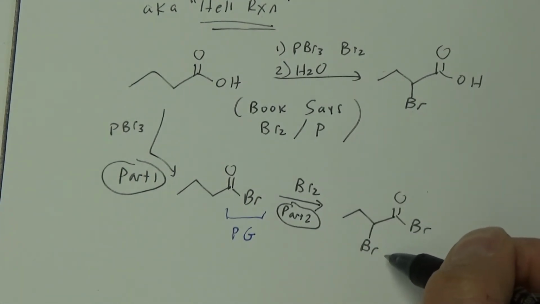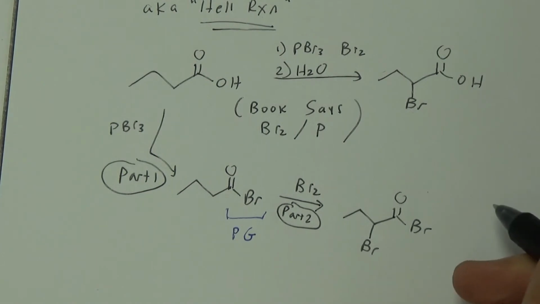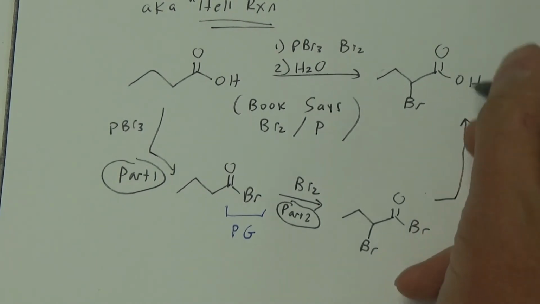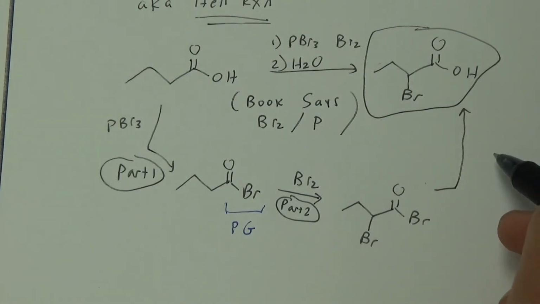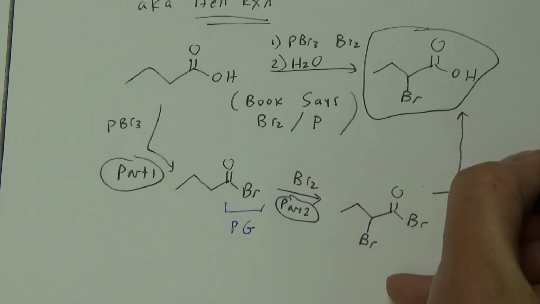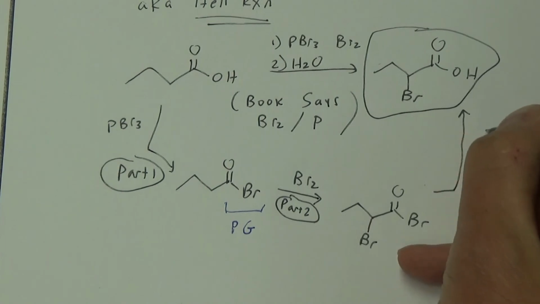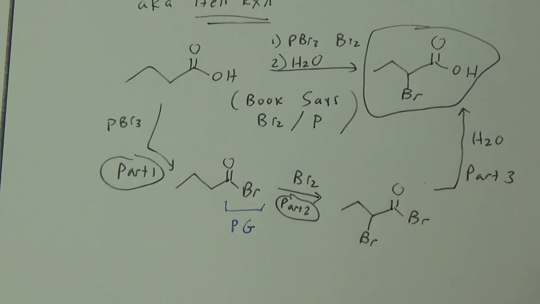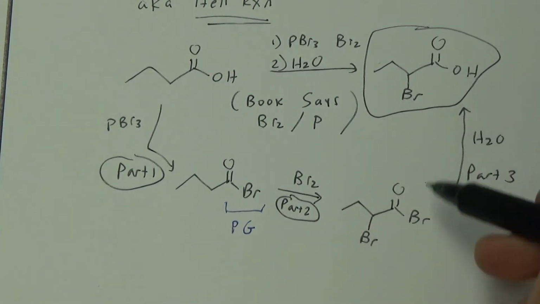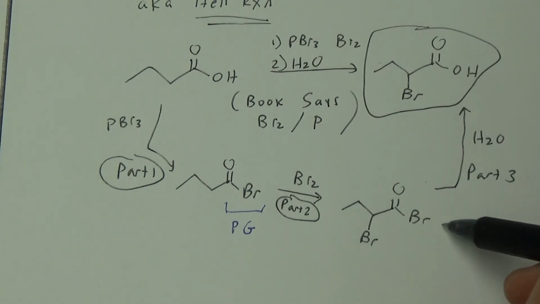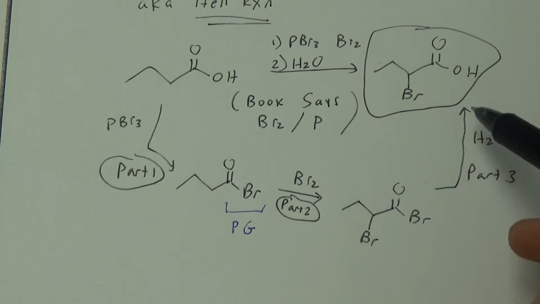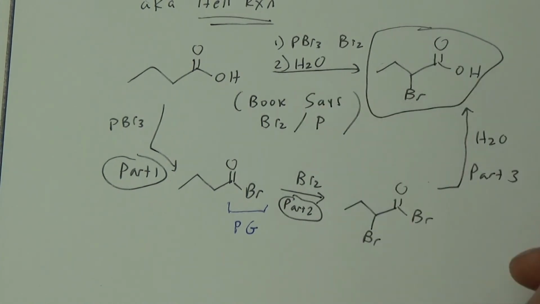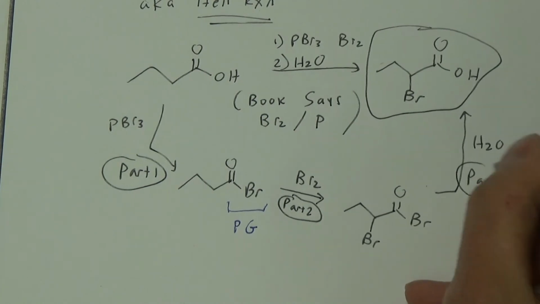And the last step is part 3, and this is water. And what does water do to a highly reactive electrophilic thing like an acid bromide? It just hydrolyzes it, and you get the carboxylic acid. So all of these steps are actually pretty easy. But let's show each of those 3 steps now.